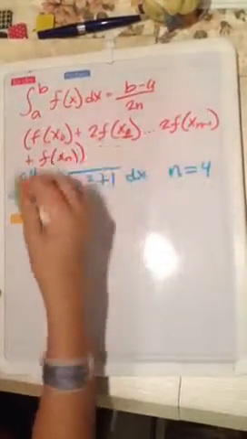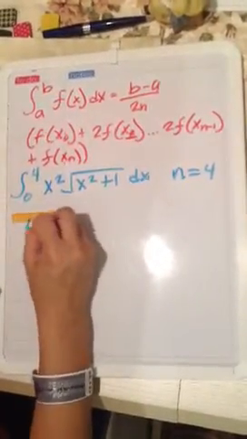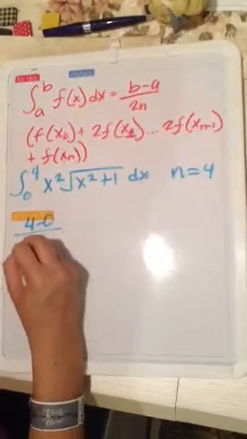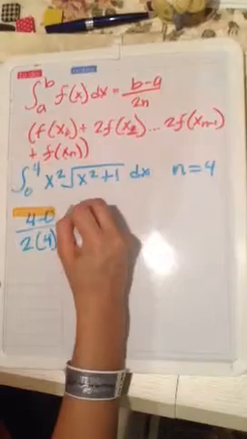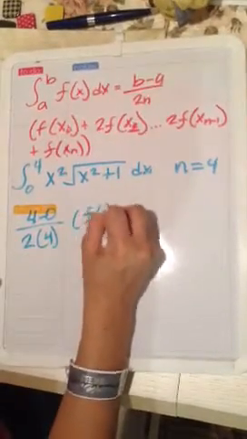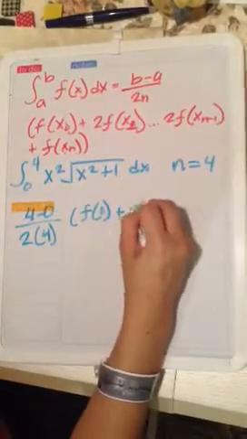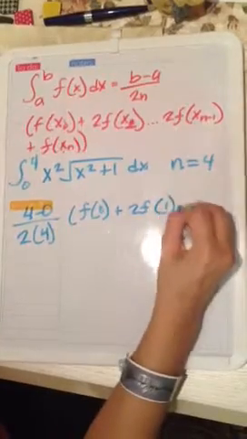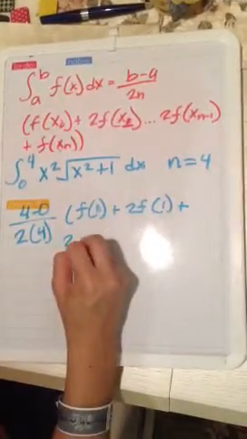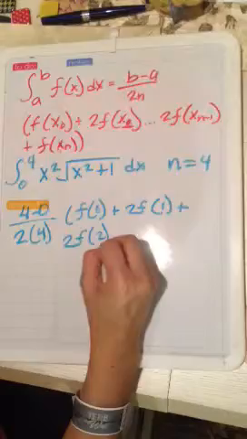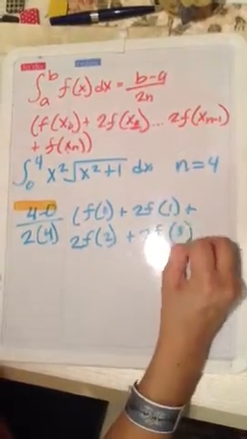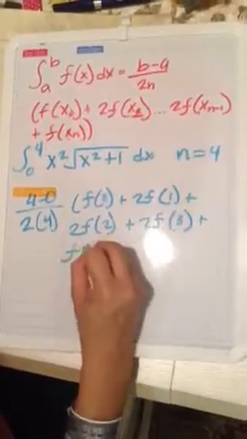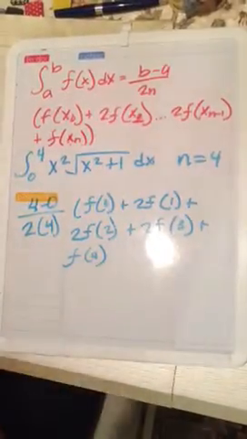Use your formula. 4 minus 0, which is b minus a, over 2 times n, and n is 4, where f of 0 plus 2f of 1 plus 2f of 2 plus 2f of 3 plus f of 4.